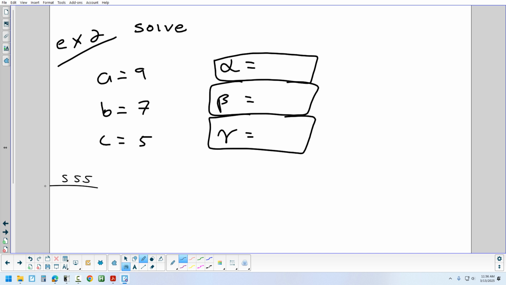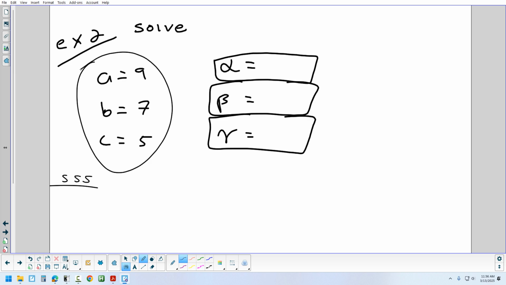Is that a law of sines or cosines problem? Cosines. Right. You do not have a full row, so there's no way to do law of sines on that. But you do have every side. So because you have every side, you can do anything you want in any order you want.